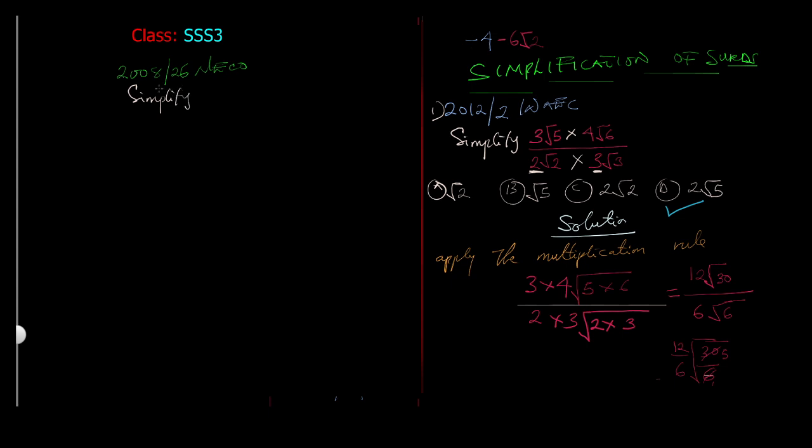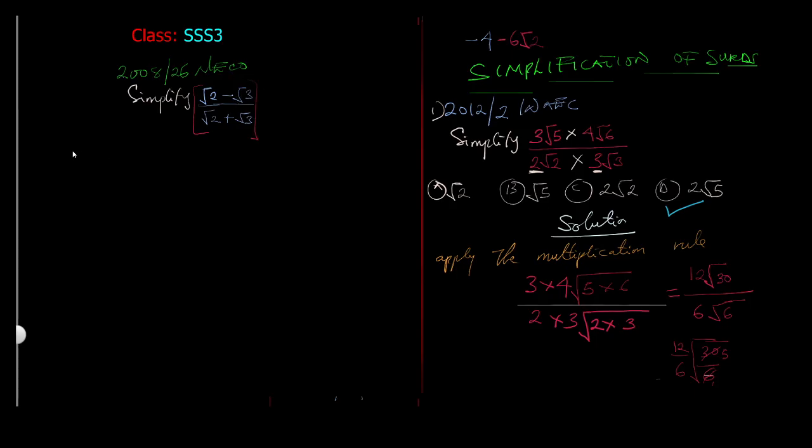The question says, simplify. There is a square bracket that has opened up, and we have numbers inside: square root of 2 minus square root of 3, all over square root of 2 plus square root of 3, and then the square bracket closes.